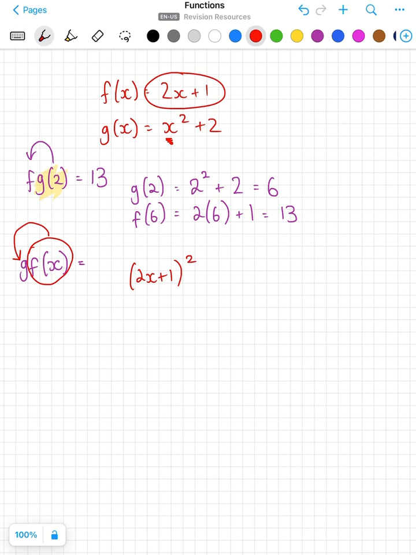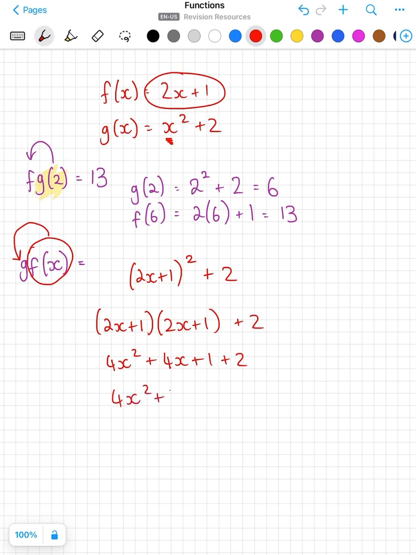So that is (2x plus 1) squared plus 2. And now it's a case of expanding. When we're squaring, we want to use double brackets, and simplifying. So g of f(x) equals 4x squared plus 4x plus 3.